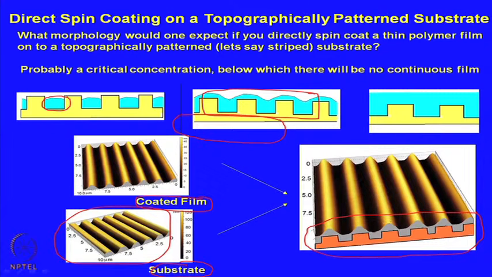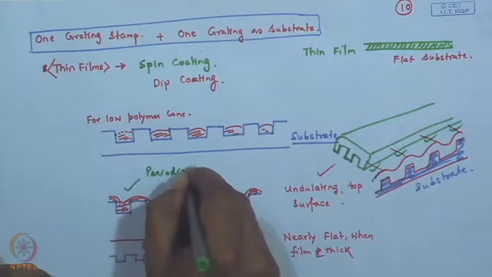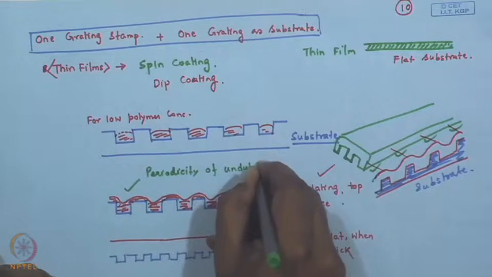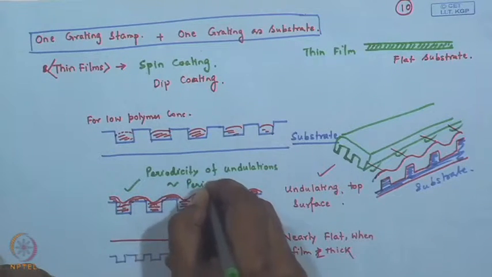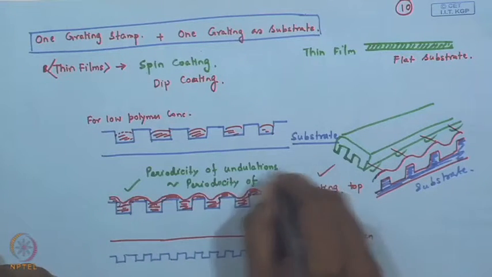So, you have an undulating top surface where the periodicity of the undulations matches the periodicity of the substrate.